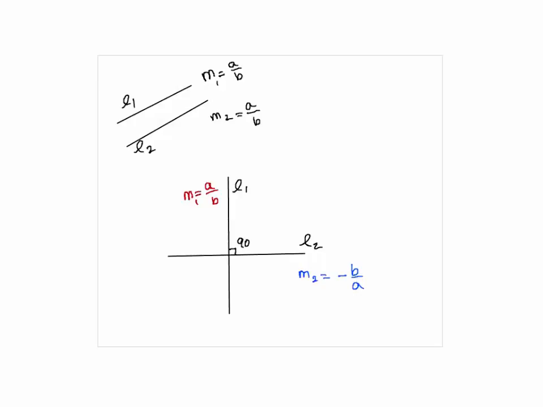Classic question: if two lines are perpendicular, what would be the product of their slopes?